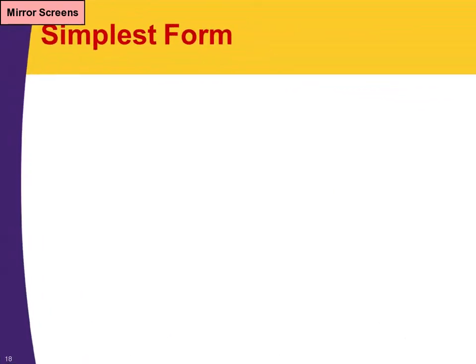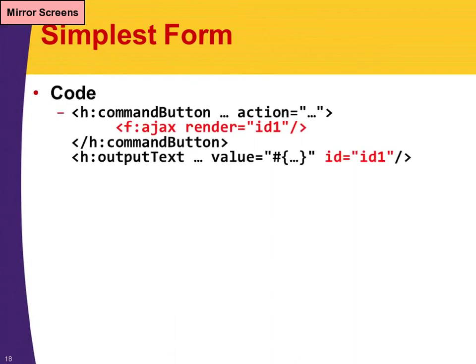So let's dig a little bit into the JSF extension for Ajax, which we call f:ajax, which is the namespace, obviously. In its simplest form, you would embed it inside of one of the other UI components, like a command button, and it would reference what should be displayed, meaning displayed without a whole page refresh.